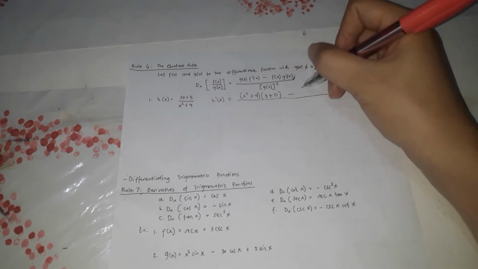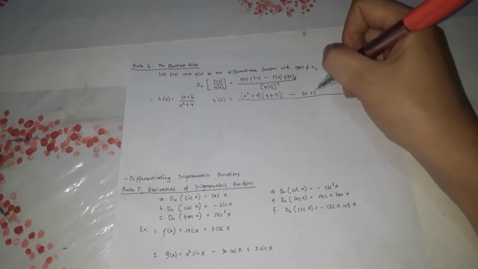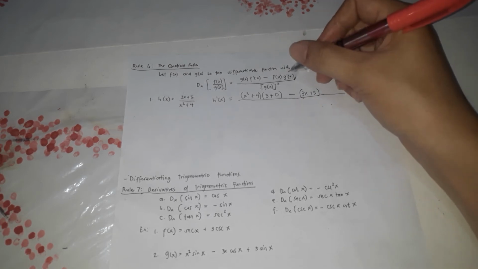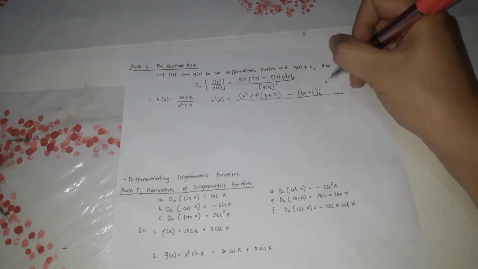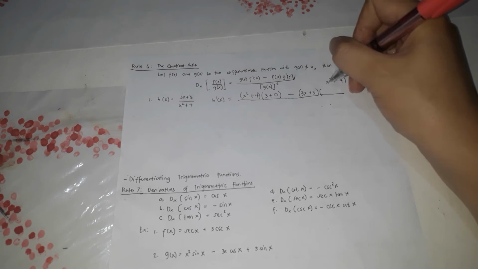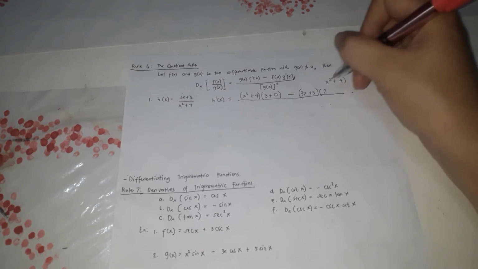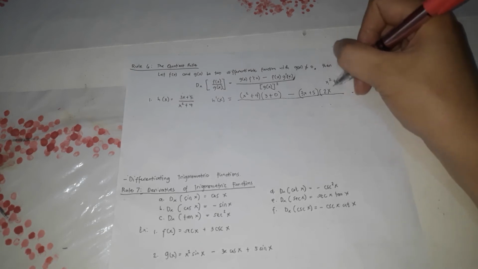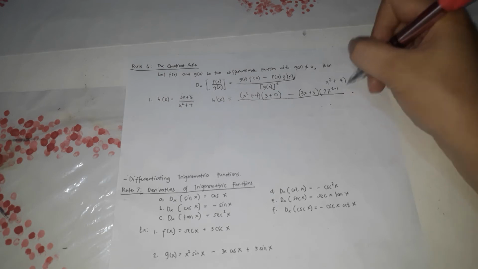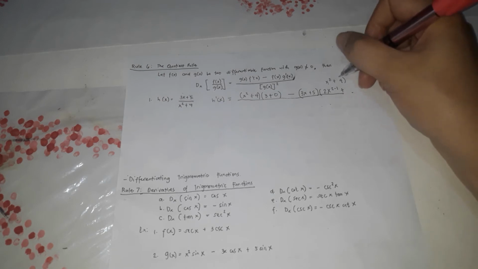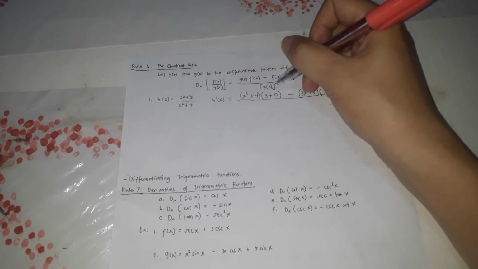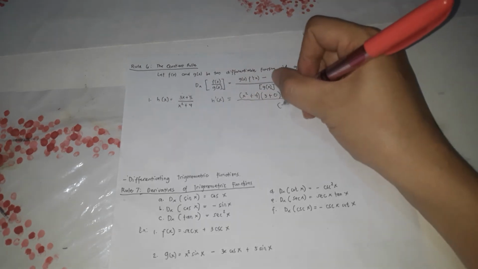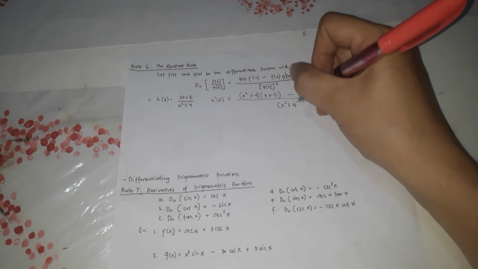Minus, copy the top, 3x plus 5, take the derivative of the bottom. The derivative of x squared is, copy the exponent, x to 2 minus 1, plus the derivative of the constant, which is 0, over g of x squared. So just copy x squared plus 4, squared.